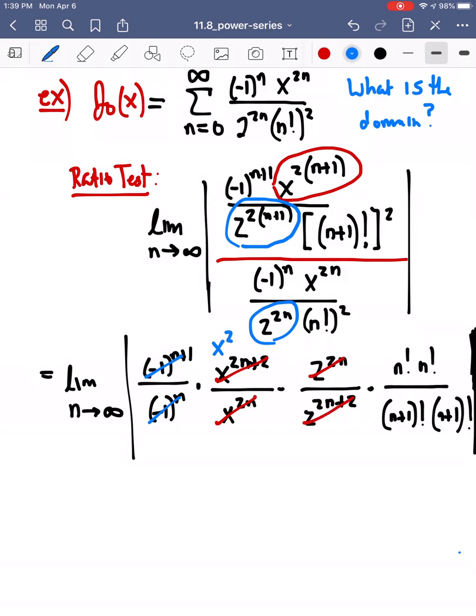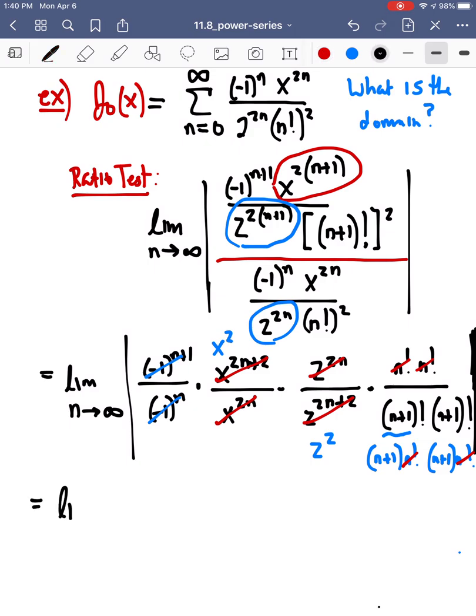And we're just going to be left with a factor of 2 squared. And for each of these factorials, we could write each of these n plus 1 factorials as an n plus 1 times n factorial. And then we'll see that those n factorials will cancel out those n factorials from the numerator.